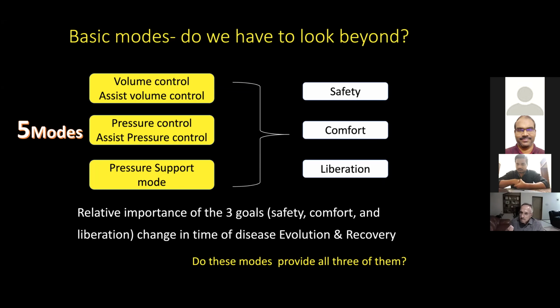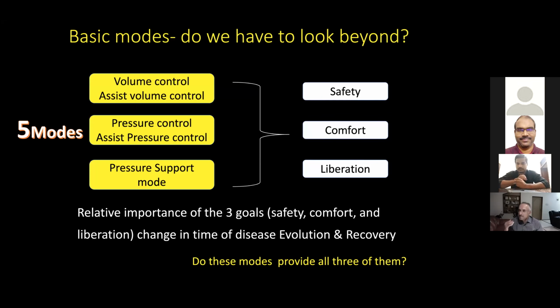So when you look at that part where the manpower capabilities are being tested in times of COVID, probably newer modes may outscore the old modes. But if you have time, if you sit near the patient, if you are capable of managing the settings, most of these modes can provide safety, comfort, and liberation.